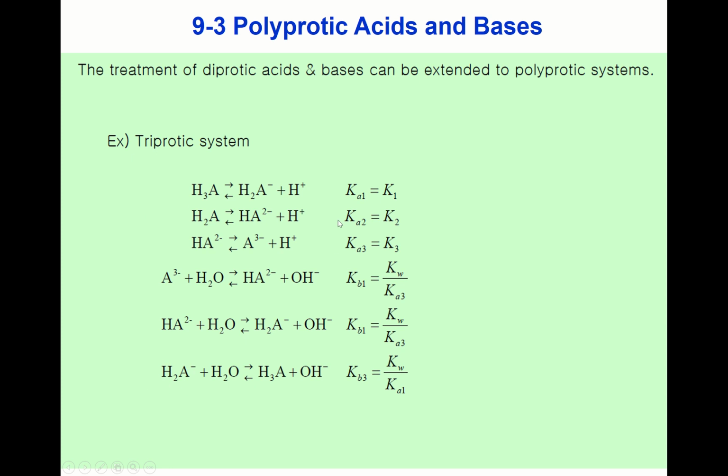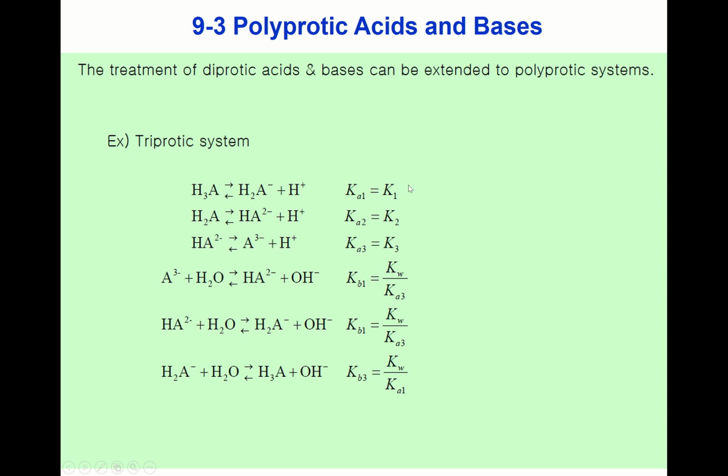So KA1 times KB3 equals KW. Likewise, KA2 times KB2 equals KW, and KB1 times KA3 equals KW.